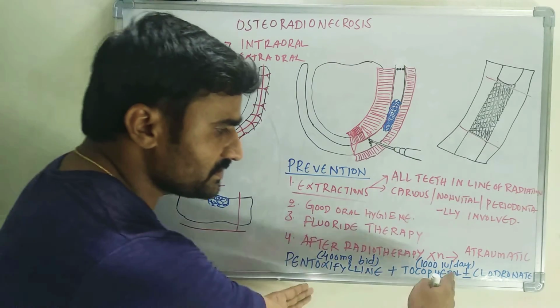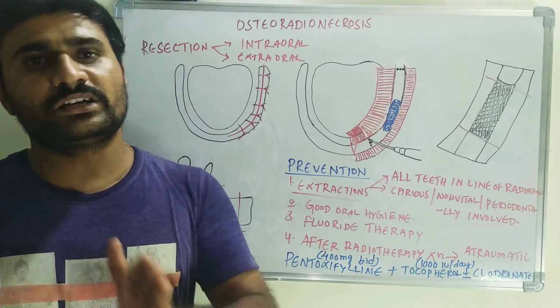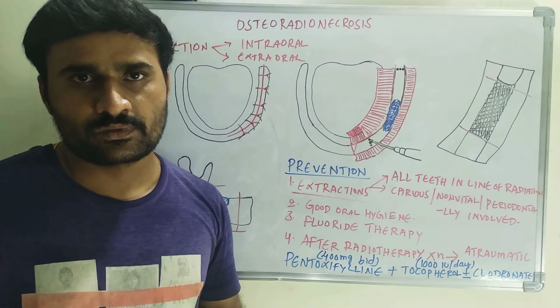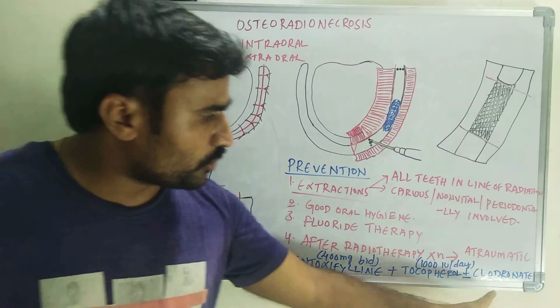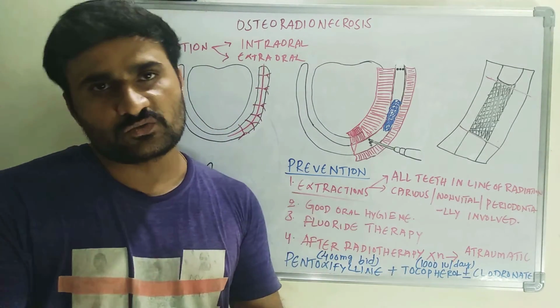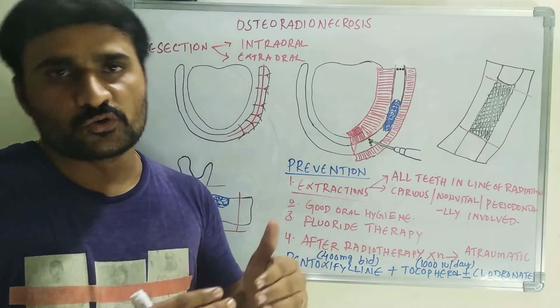So basically this regimen is antioxidant plus anti-fibrotic therapy to prevent osteoradionecrosis. And clodronate is a bisphosphonate which is used to reduce the bone necrosis.